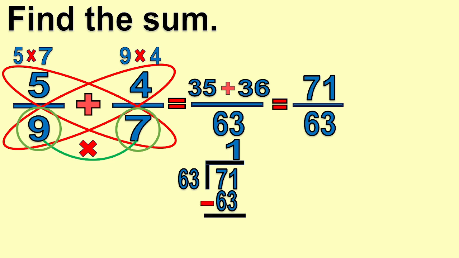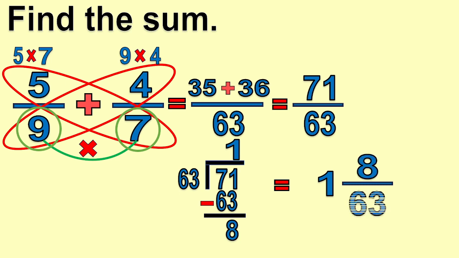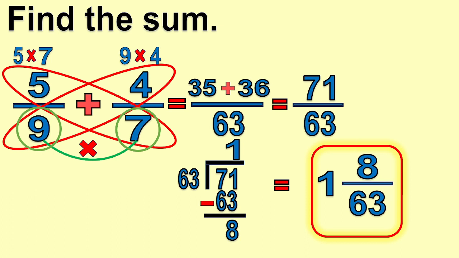Subtract 71 minus 63 equals 8. Now, the quotient will be our whole number. We have here 1. The remainder becomes the numerator. We have here 8. And the denominator remains the same. We have here 63rd. So our final answer is 1 and 8/63.